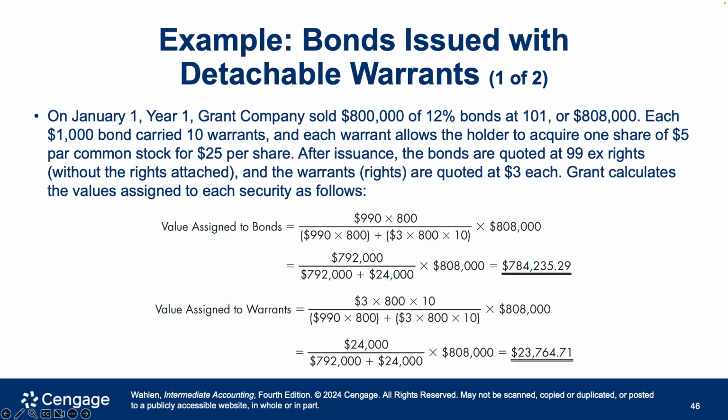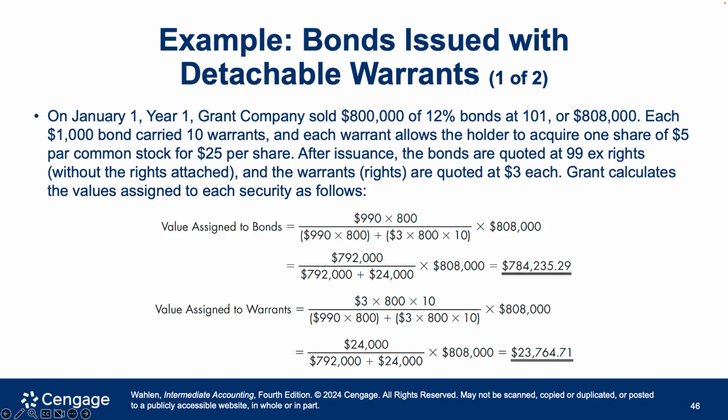The Grant Company sells for $800,000 at 101, which again is 101%, so 808,000. And each bond has 10 warrants attached. Bonds trade at 99 without the warrants. And warrants trade at $3 each. So the market value of the bonds alone, $990.